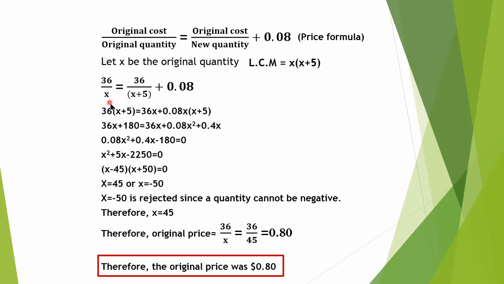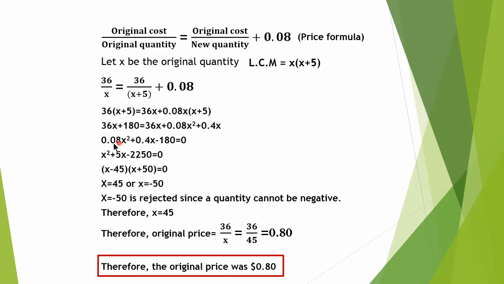So 36 divided by x is equal to 36 divided by x plus 5, plus 0.08. So like we did previously, you can use the least common multiple, multiply the whole equation by this, then you get this. So you remove the brackets, you get this. So this and this cancel. So take everything to the left hand side, then you get this. So you can simplify this.